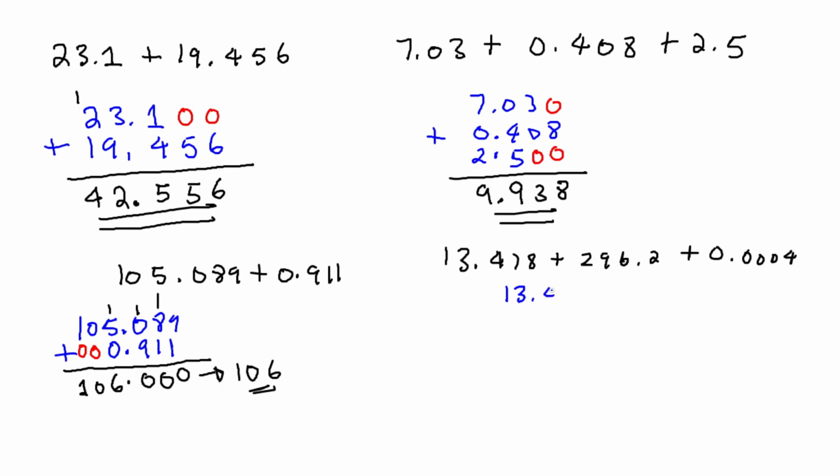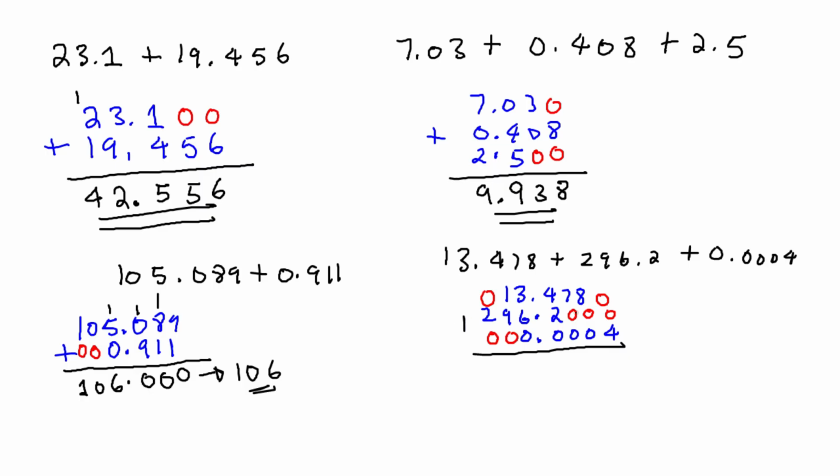Let's rewrite 13 point, and let's write 296.2 point, and 0.0004. Let's fill in the empty spaces with zeros because it will make it easier to add. Alright, so we are ready to solve this problem.